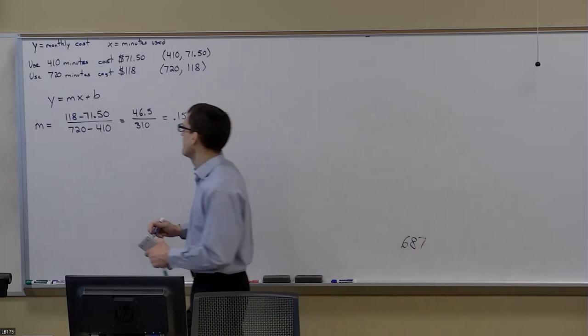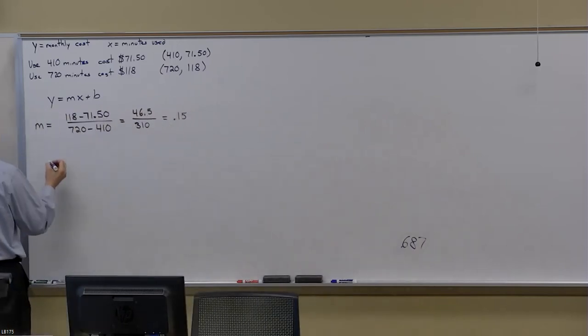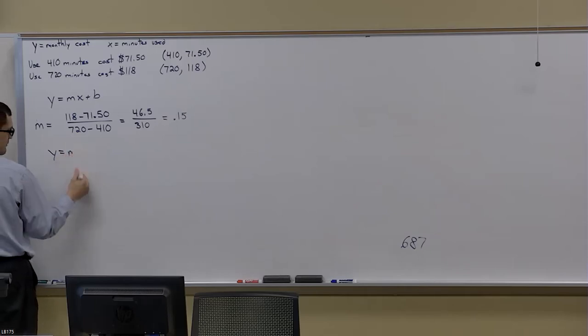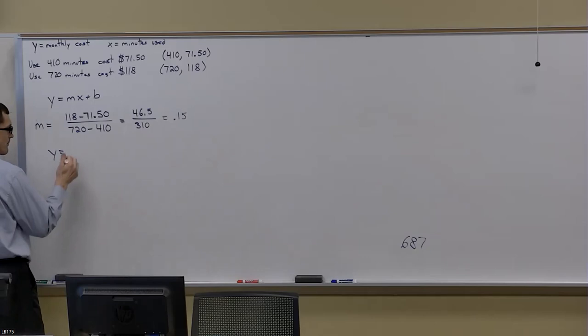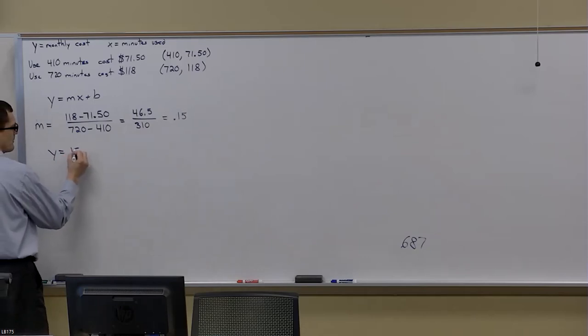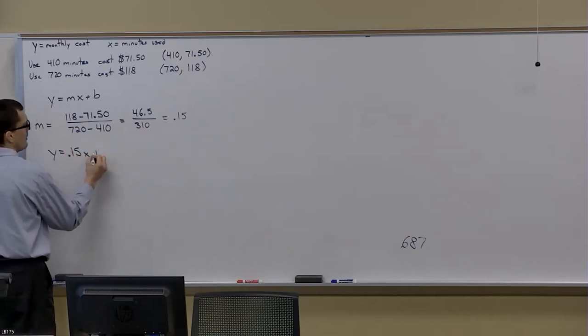Okay. That tells me the equation of the line is y equals 0.15 times x plus b.